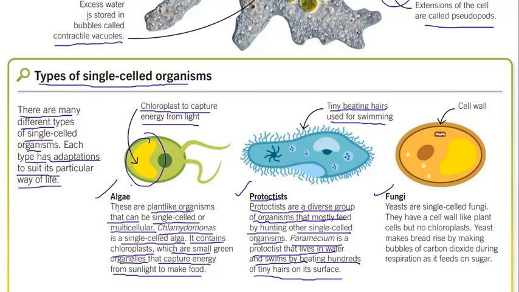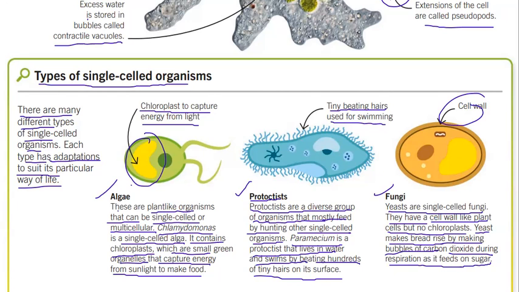The other one is fungi. This is a cell wall we are observing. Yeasts are single-celled fungi, and they have a cell wall like plant cells but no chloroplasts. And yeast makes bread rise by making bubbles of carbon dioxide during respiration as it feeds on sugar.